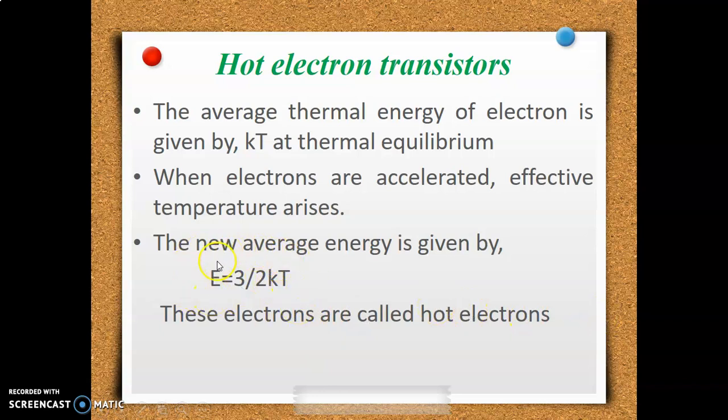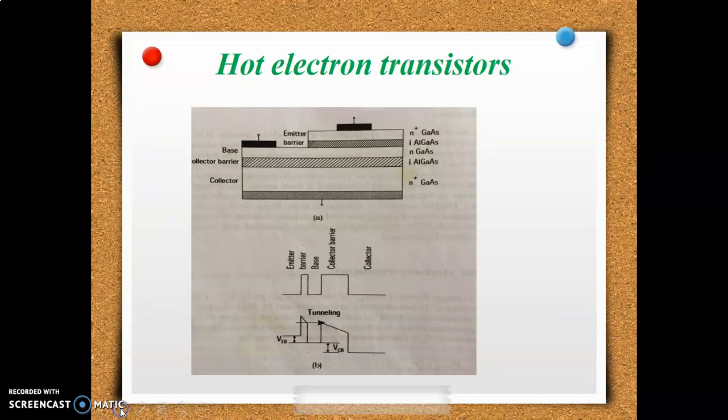It will be better if you write this as E = 3/2 k T_e, because it represents the effective temperature. There is a change of temperature when the electrons are moving. This is the basic structure of a hot electron transistor. You have to study this structure.